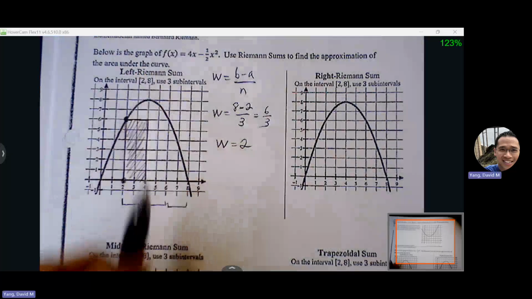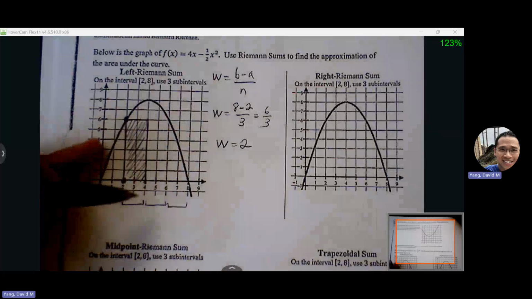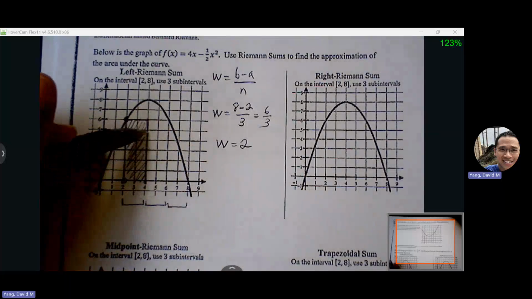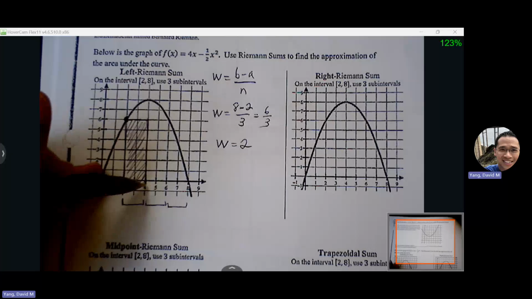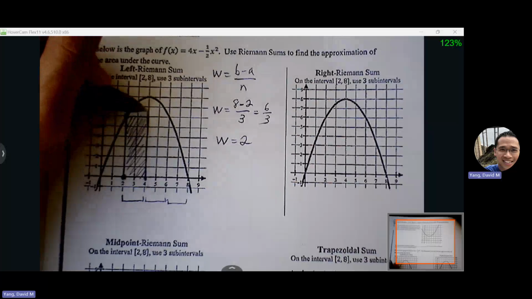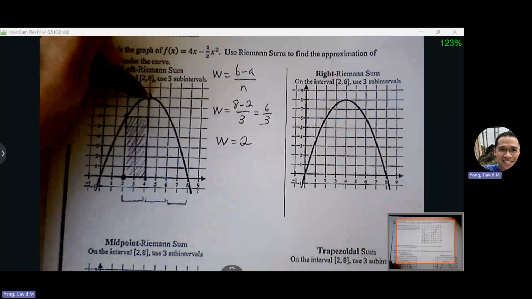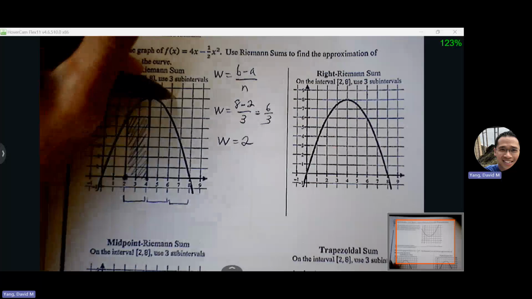And we're doing left Riemann sums here. So that means within each subinterval, we're looking at the left endpoint and we're moving it up to when it touches the curve. So our next endpoint over is 4. So from 4, you're going to go all the way to the curve. Once you find that height, you're going to extend 2 units over.